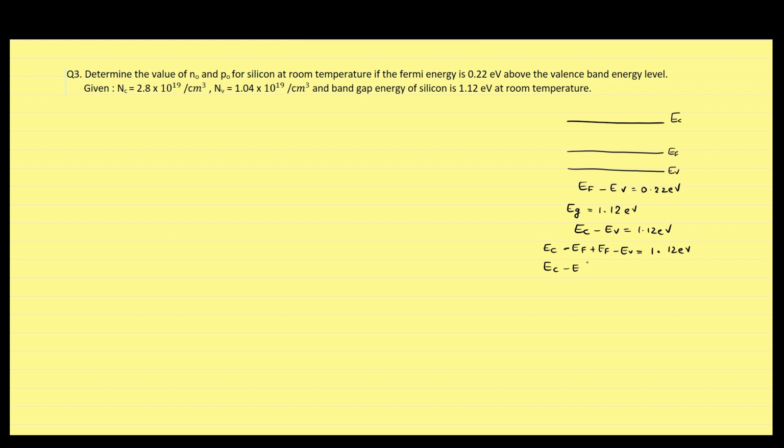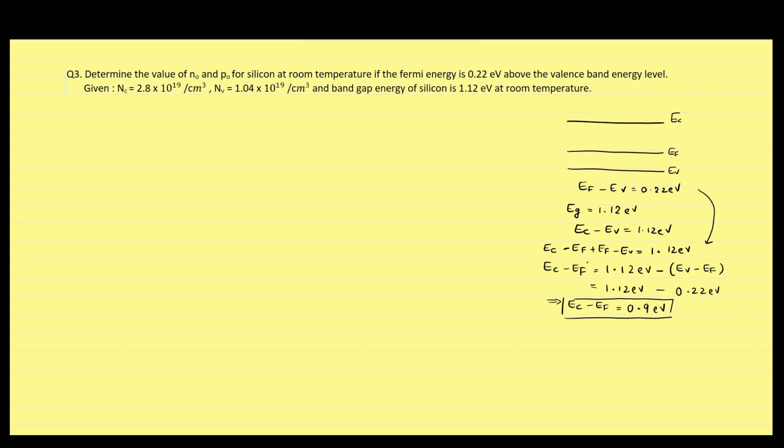EC minus EF is equal to 1.12 electron volt minus EF minus EV, and from the above equation you can put the value 1.12 electron volt minus 0.22 electron volt, which gives EC minus EF to be equal to 0.9 electron volt.